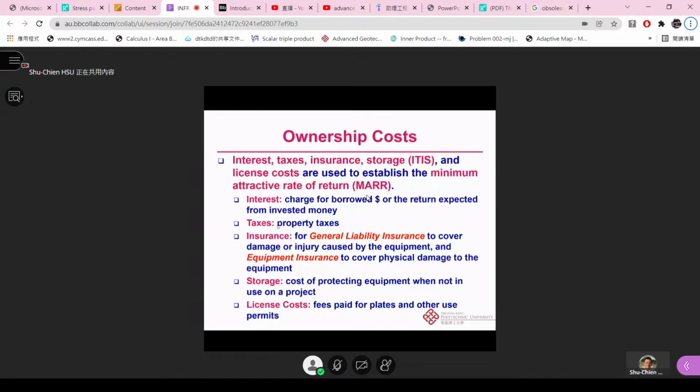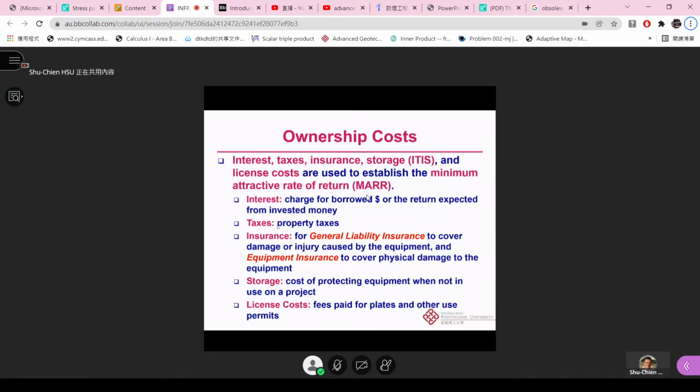Taxes: when you buy that equipment, the asset, you need to pay property taxes, and also pay for insurance, like general liability insurance to cover damage or injury caused by the equipment. Of course, you have construction workers on the job site, and if you don't have insurance and suddenly some accident happens, the company will lose a lot of money. So I think liability insurance is a must for equipment. Even if you own a car, general liability insurance is something you must pay.